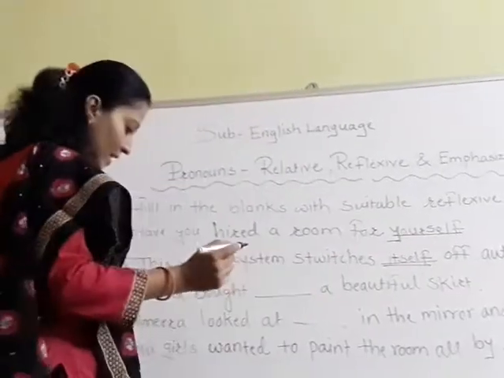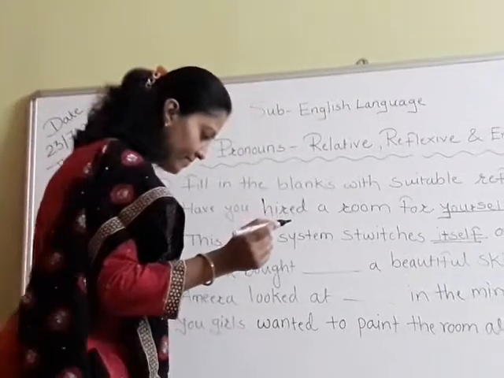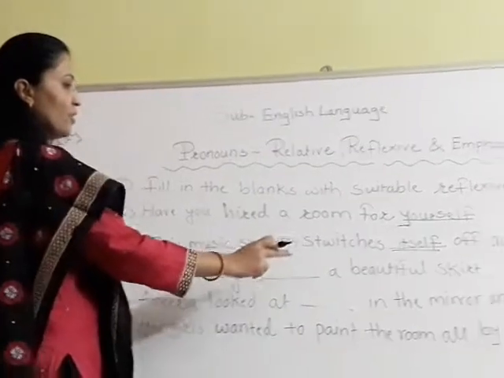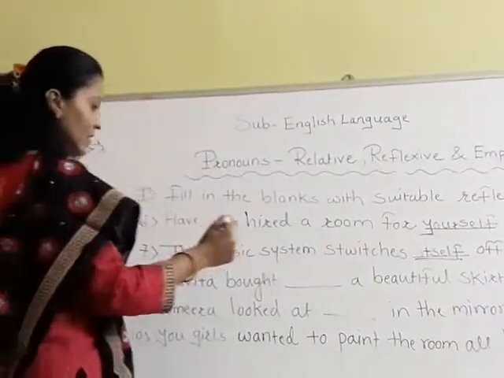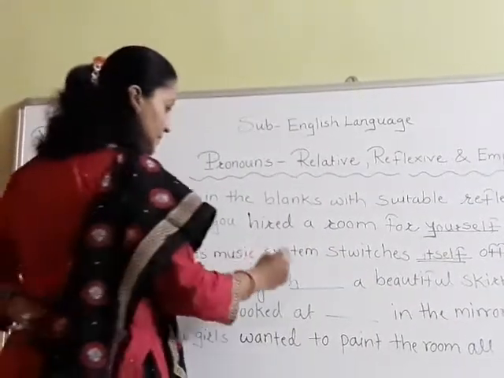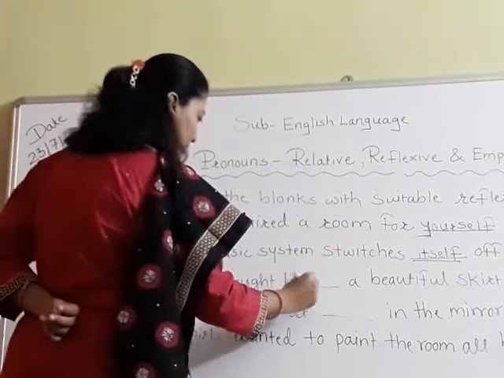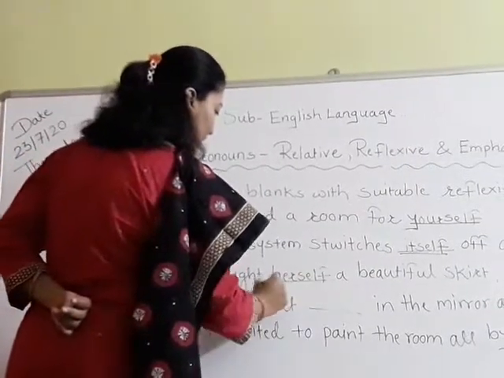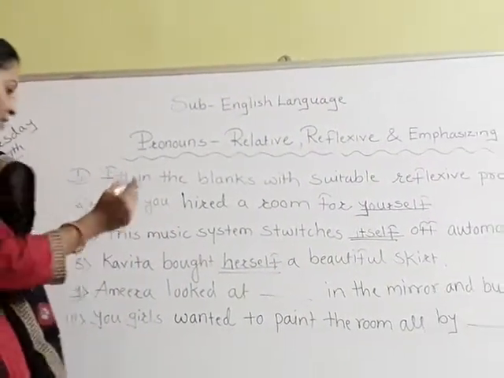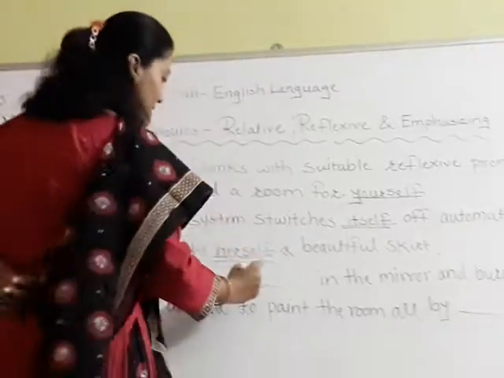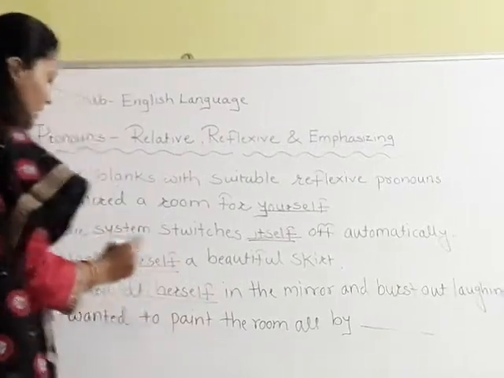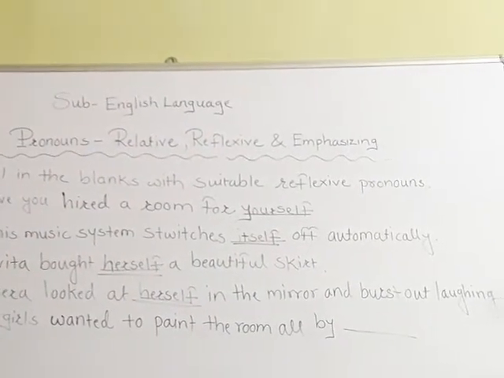Next is: Kavita bought dash dash a beautiful skirt. Kavita bought herself a beautiful skirt. So we will write here herself. That is the answer. Amira looked at dash dash in the mirror and burst out laughing. Amira looked at herself in the mirror. That is our answer.